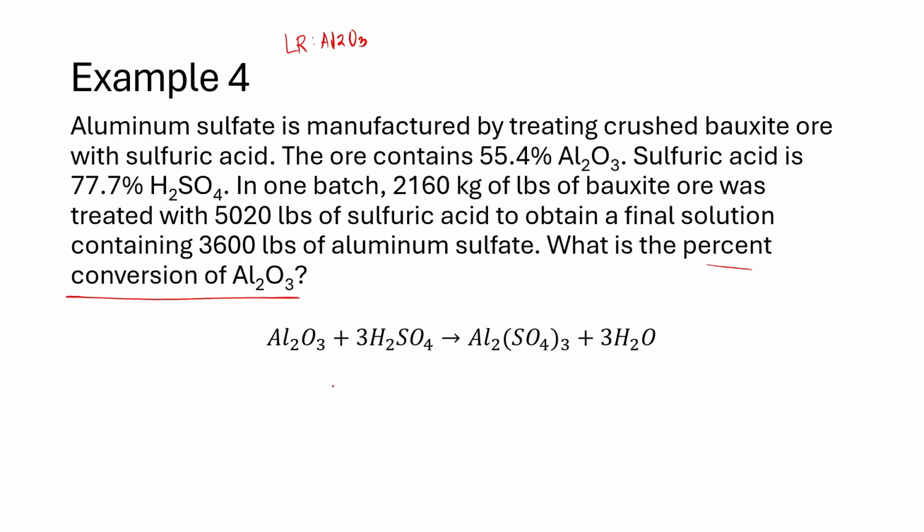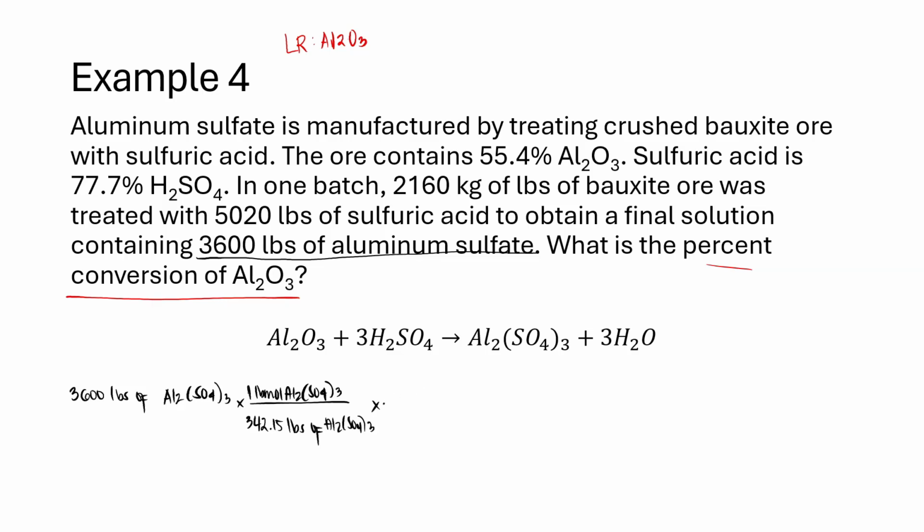we need to know how much Al2O3 was reacted by using this. So 3,600 pounds of aluminum sulfate, and then let's see, per 1 pound mole of aluminum sulfate, that's 342.15 pounds of aluminum sulfate.